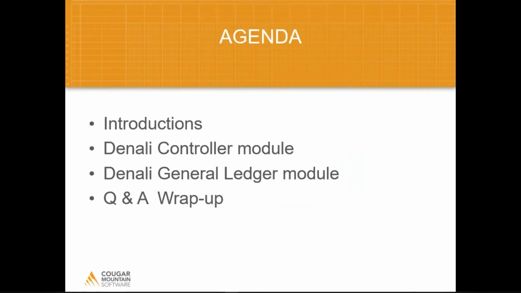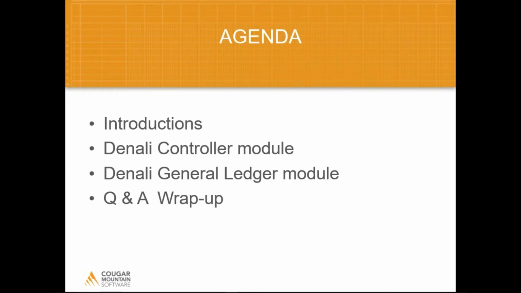Okay, so today's agenda: we're going to go through how to set up a company in the controller module. We're just going to go over the basics on that, and how company setup and maintenance is done, security settings, and the basic information on setting up your organization.